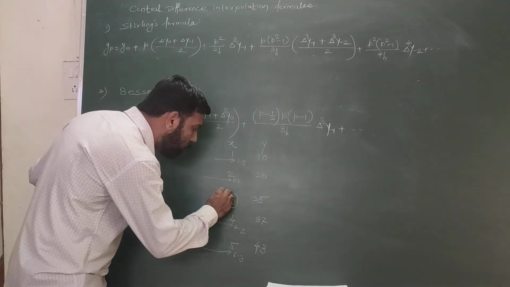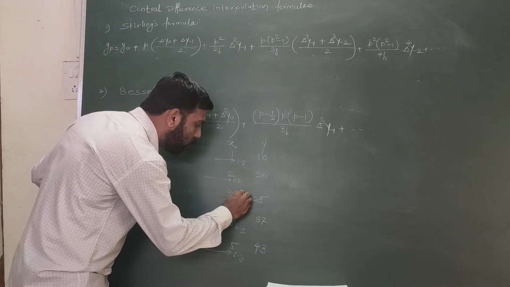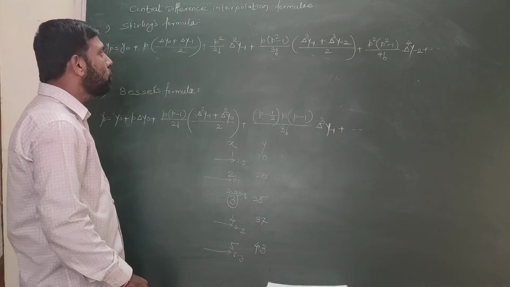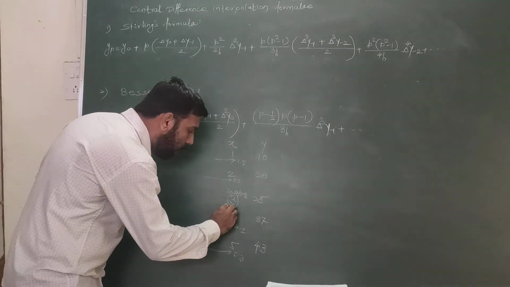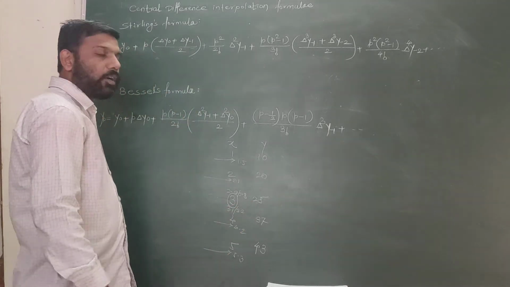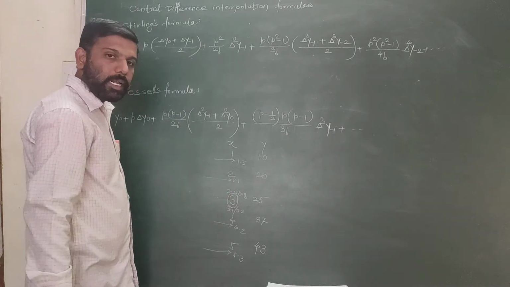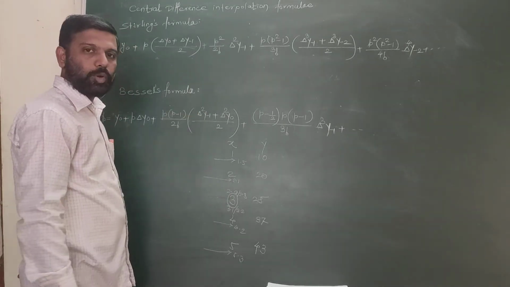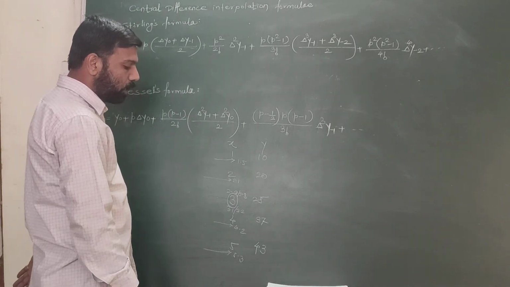Nearer to 3 means, suppose, 2.9 or 2.8, for these values we'll use Stirling's or Bessel's formula. Similarly at 3.1 or 3.2, nearer to the central value, we use these two formulas.